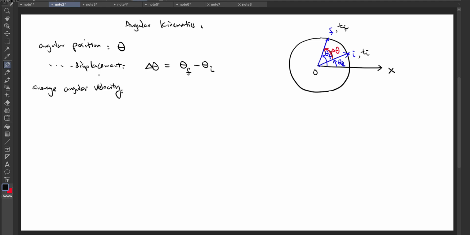Okay, so now we can talk about the rate of change of the angular position. Average angular velocity symbol is omega, and we're going to say it's average, and it's delta theta over delta t, which is defined as this ratio here.